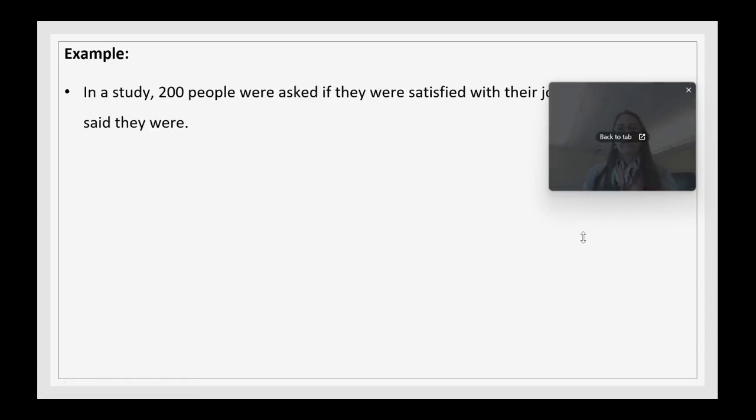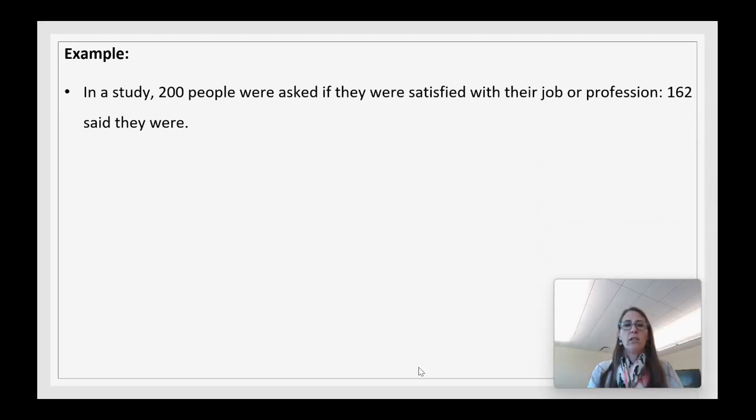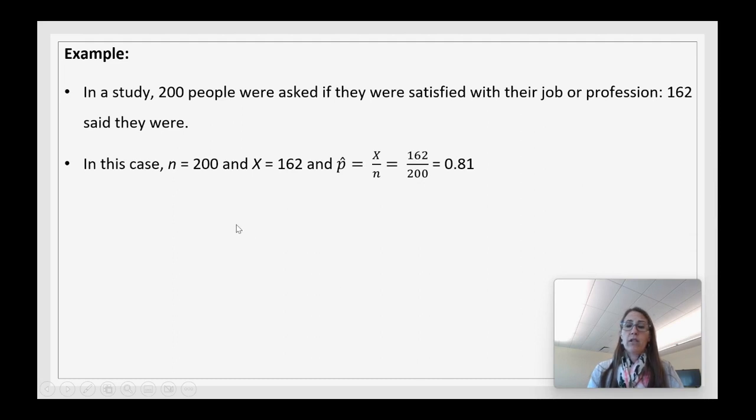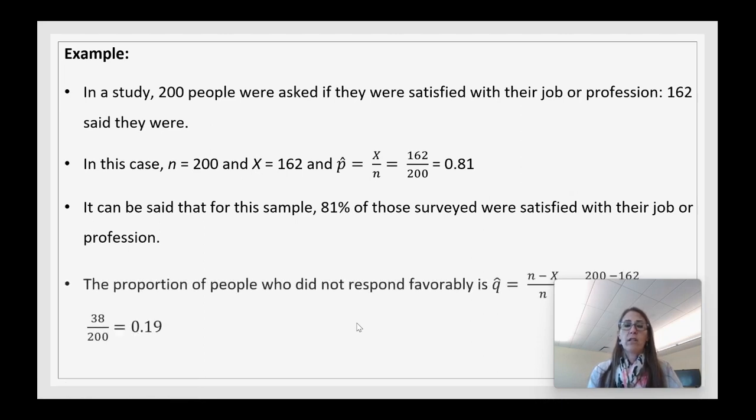So an example, in a study, 200 people were asked if they were satisfied with their job or profession. 162 said they were. So n is 200, x is 162. So p hat is going to be 162 over 200, or 0.81. So in this sample, 81% of those surveyed were satisfied with their job or profession.